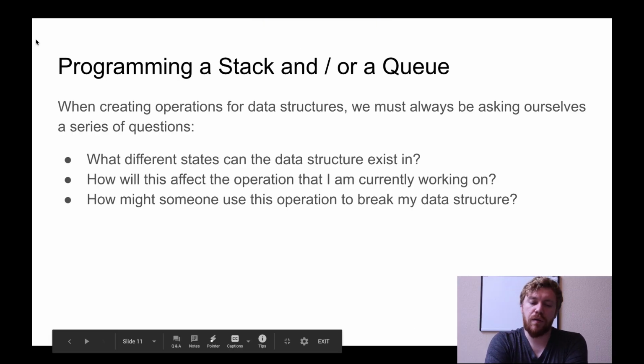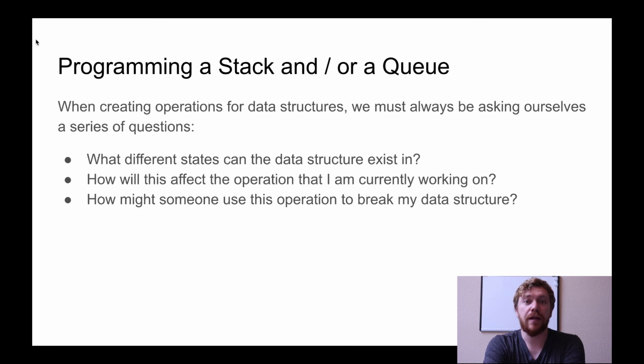So I'm not going to program a stack or a queue for you. That's something you'll learn more and more about in data structures. But if you wanted to go ahead and give it a shot yourself, here are some tips. When creating operations for data structures, we should always be asking ourselves a series of questions. What different states can the data structure exist in?